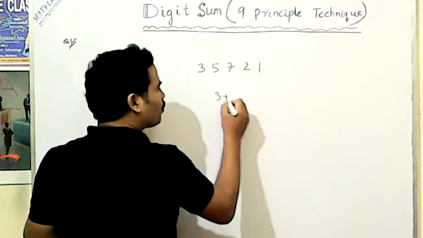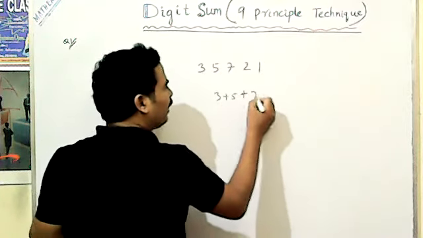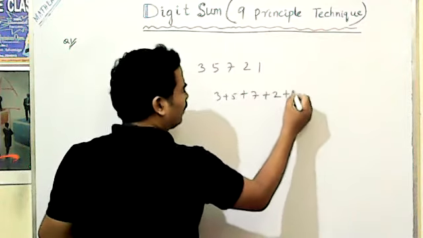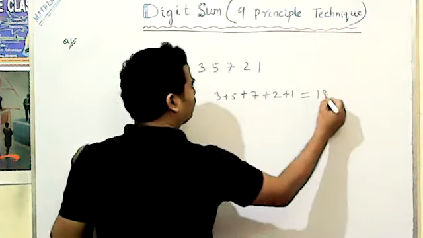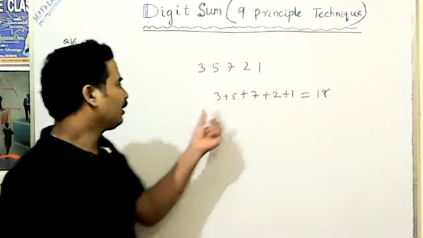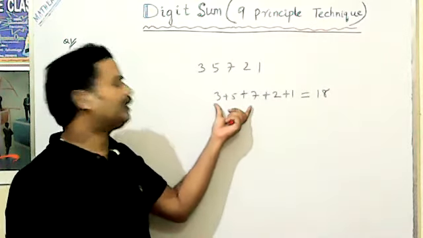That means 3 plus 5 plus 7 plus 2 plus 1, which is equal to 18.